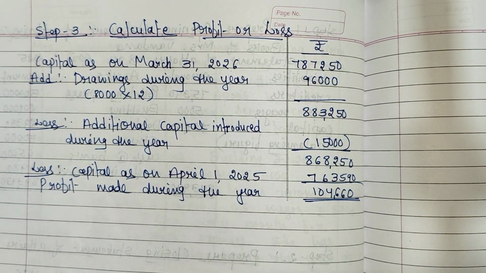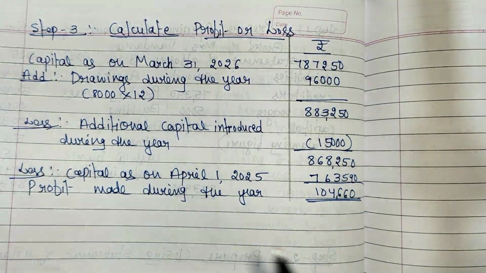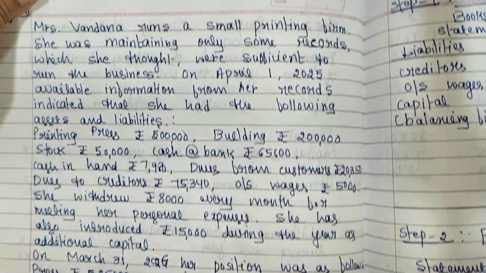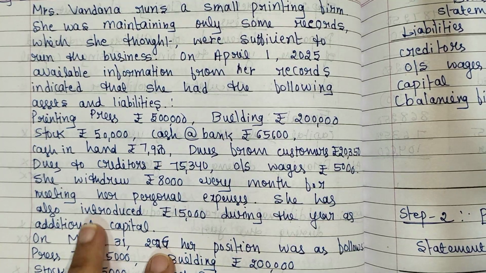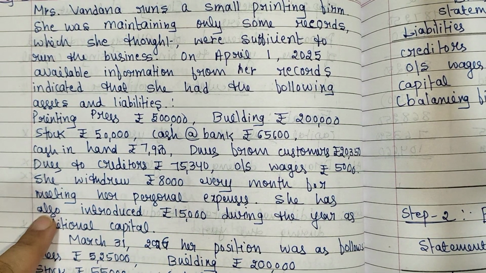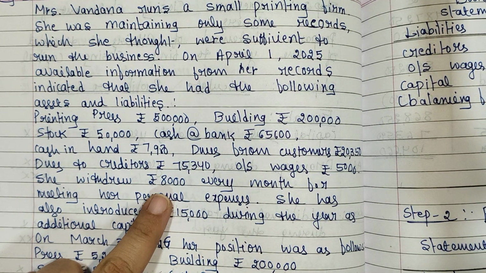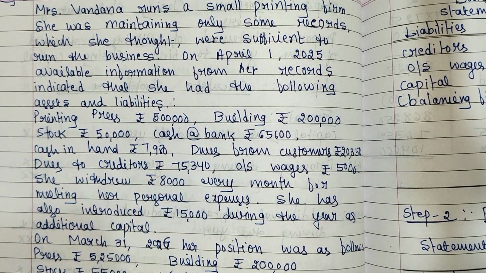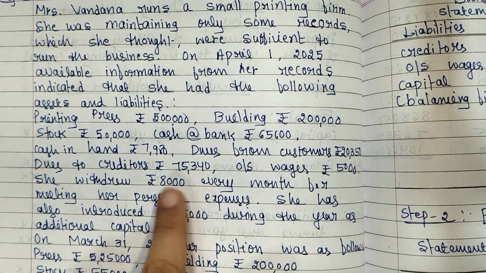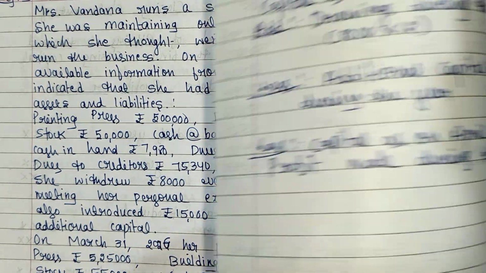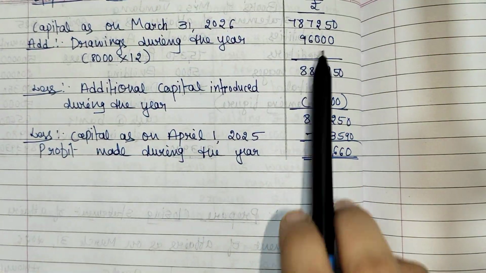For that we need to add drawings during the year. See the problem here. She withdrew rupees 8,000 every month for meeting her personal expenses. Means every month 8,000 into 12. That is how much? Rupees 96,000.